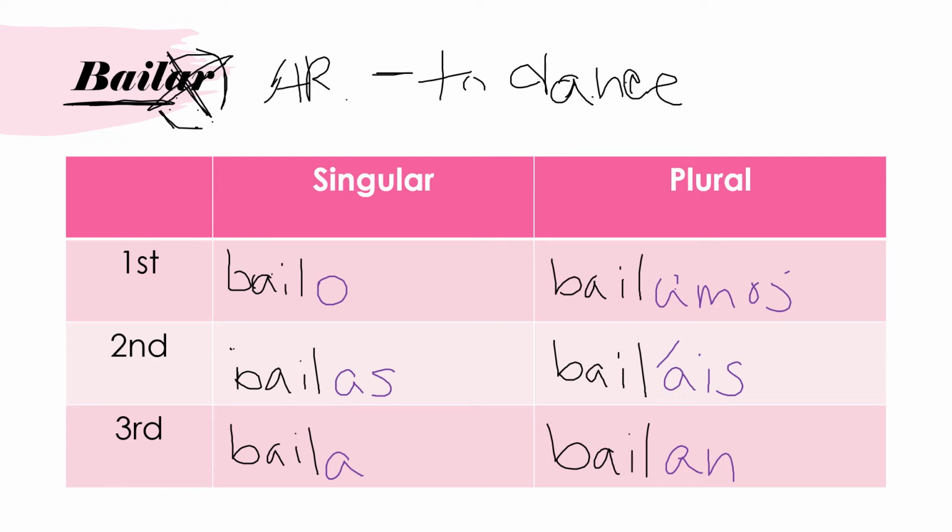Now, why don't we have those people in front? Because if you haven't noticed yet, these endings are all different. Unlike in English where we have very similar endings or no ending at all, I run, you run, they run, all the same run, we have to have who in front. However, because we have different endings for each of these, you don't necessarily need to identify your subject because it's implied. Now, you would need to identify it with at least the first time in the third person.